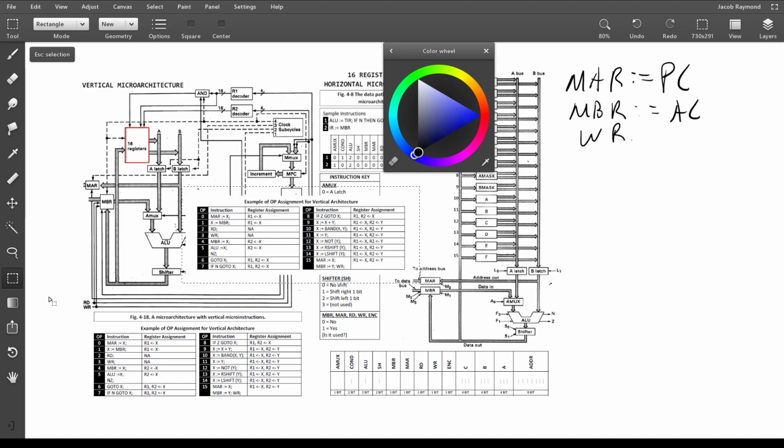Can I make that bigger? Oh well, let's just look at the table then.